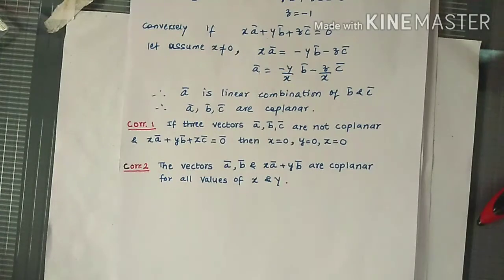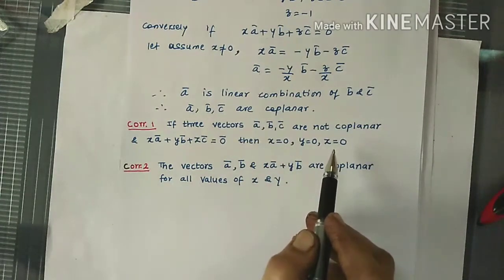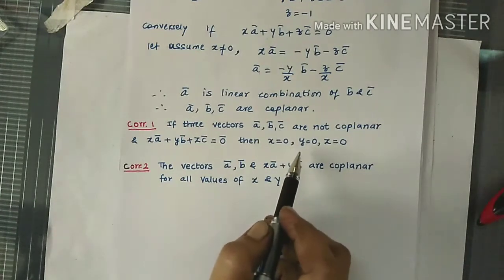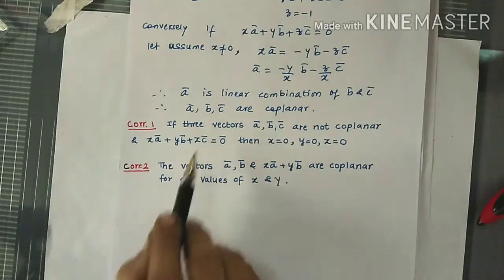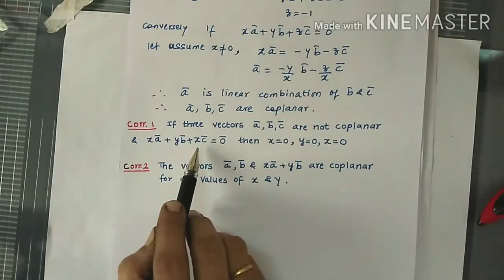Now corollary 1 is, if three vectors A bar, B bar, C bar are not coplanar and XA bar plus YB bar plus ZC bar is 0 bar, then X is equal to 0, Y equal to 0, Z equal to 0. It's really clear. If one of X, Y and Z is non-zero, then these three vectors will be coplanar, as one of them will be a linear combination of the other two.